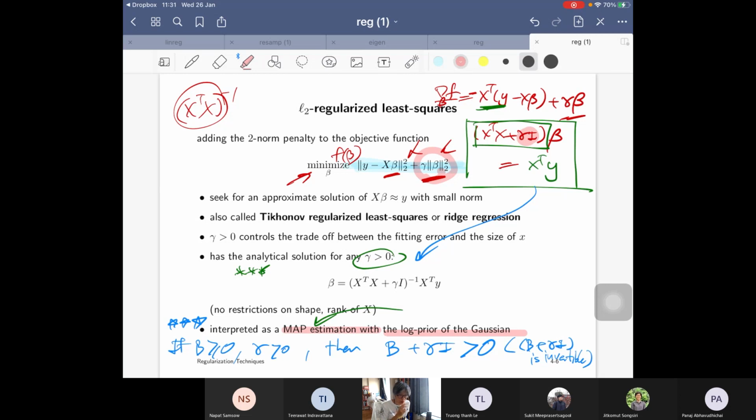When it is random, we have some prior knowledge. And in the context of our L2, we have a prior knowledge that beta is Gaussian distributed with some mean, some variance. This is a prior knowledge about your coefficient. And given that you have prior information, this is the best solution I can give according to the principle of MAP.